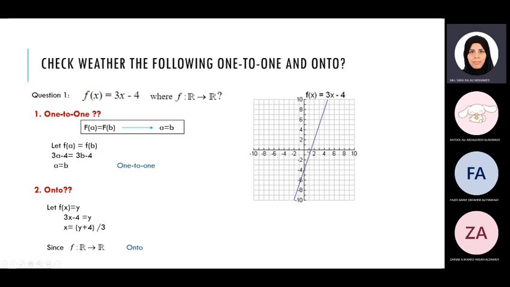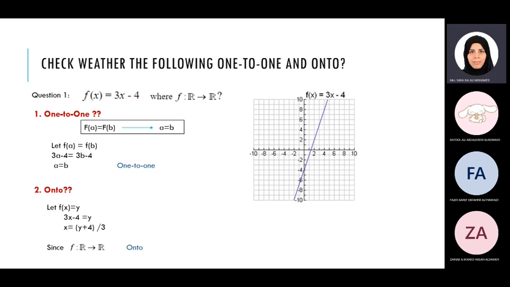You will find that the y-axis is the set of the codomain and the x-axis is your domain in the drawing. You notice that every value in x has an image in y, so it is a function. Then you notice that if you select any image, any value on the y-axis, you will find it is mapped only to one element on the x-axis, so it is one-to-one. And you notice all the values on the y-axis are mapped, which means it is onto.